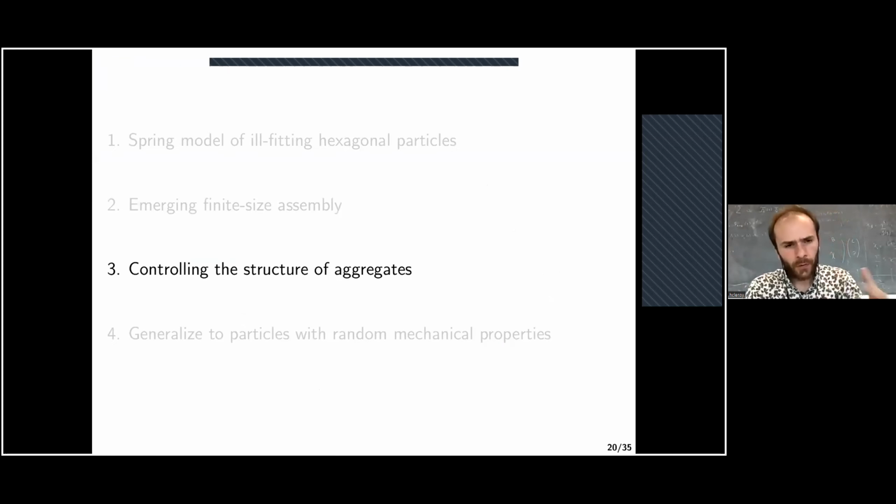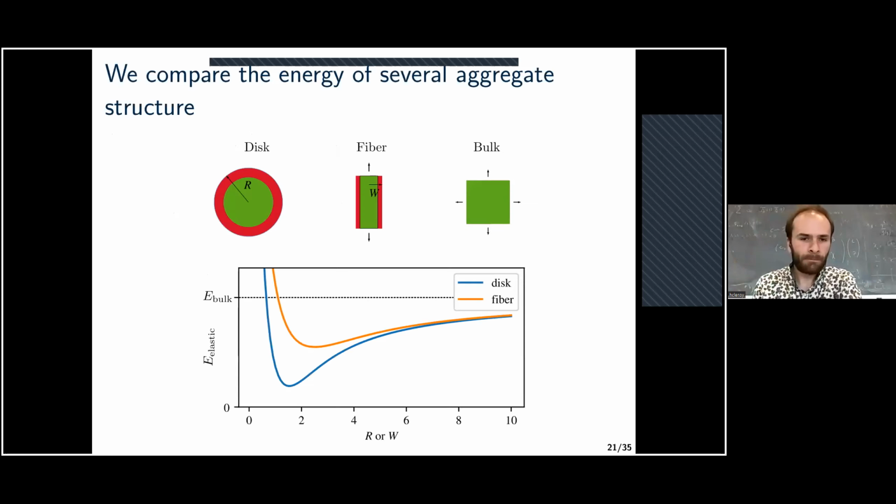So now I would like to go a little further in our model and see how we can control the structure of our aggregate, not just the size of our aggregate. I can use different simple structures than the disk I used before and compute their energy.